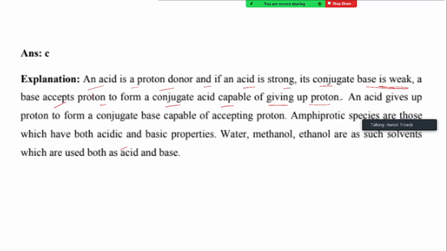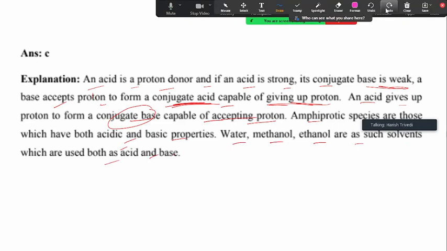An acid gives up proton to form conjugated base capable to accept proton. Amphiprotic species are those which have both acidic and basic property. So water, methanol, ethanol are such solvents which act both as acid and base. So I think this is clear.